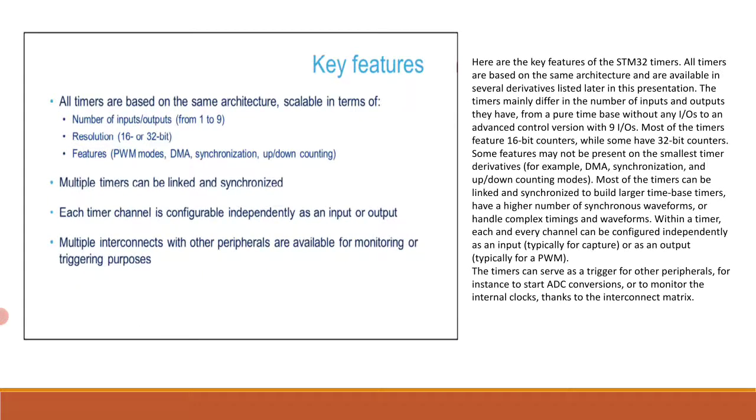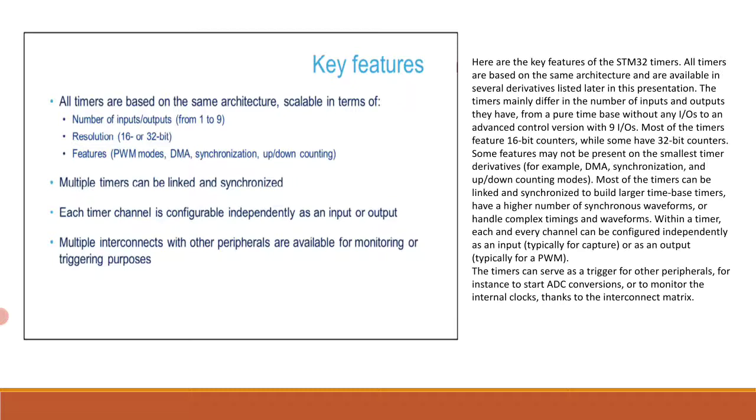All timers are based on the same architecture and are available in several derivatives listed later in this presentation. The timers mainly differ in the number of inputs and outputs they have, from a pure time base without IOs to an advanced control version with 9 IOs. Most of the timers feature 16-bit counters, while some have 32-bit counters.